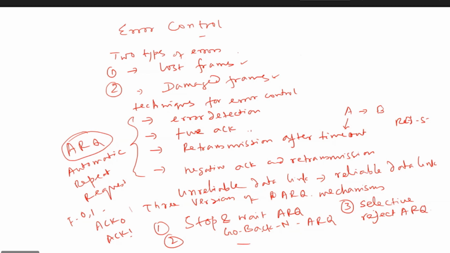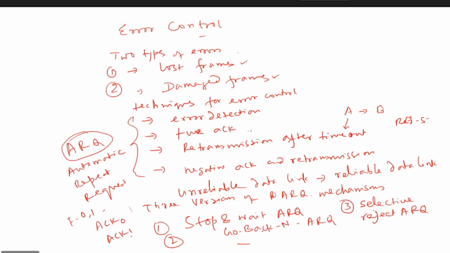Using negative acknowledgement and retransmission, the sending station can retransmit if it receives a negative acknowledgement, then the source can retransmit that particular frame.